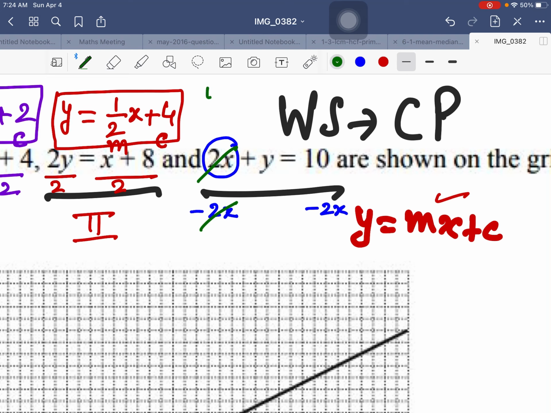So I write y equals 10 minus 2x. I can write minus 2x plus 10 because 10 is a constant. It should be behind the term with the variable x. So I just switched these two terms. It was 10 minus 2x. I wrote minus 2x plus 10. And I make the box here.